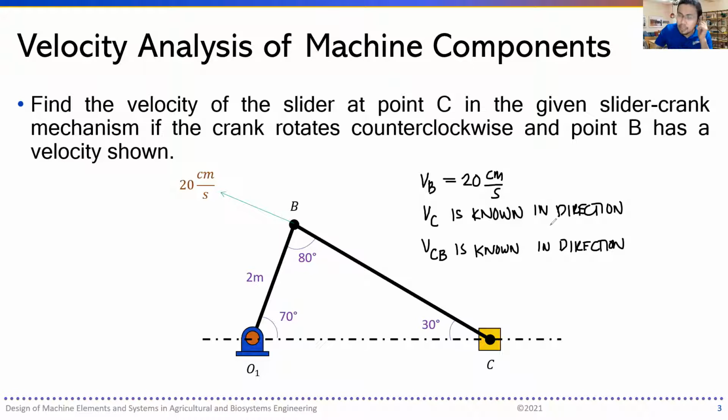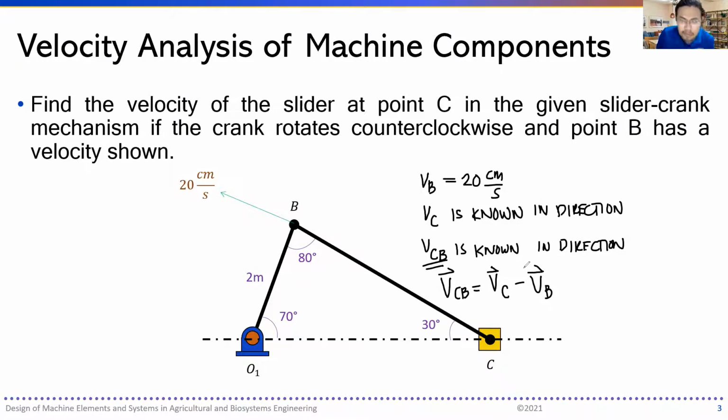We know from the relative velocity concept, from dynamics, that VCB is equal to what? It's V of C minus V sub B. And this is a vectorial addition, so we denote this as that.